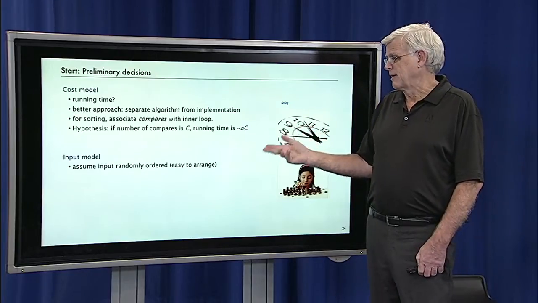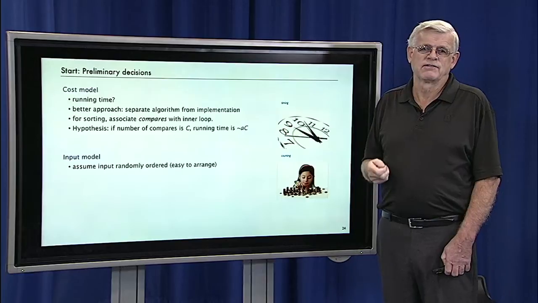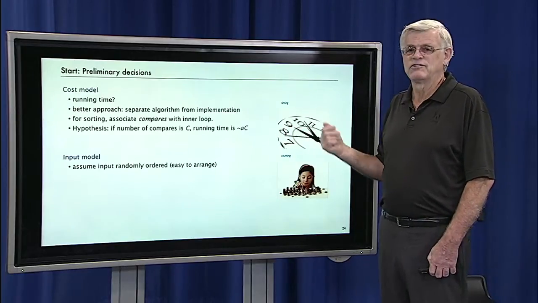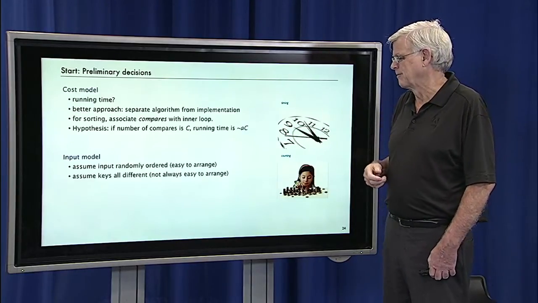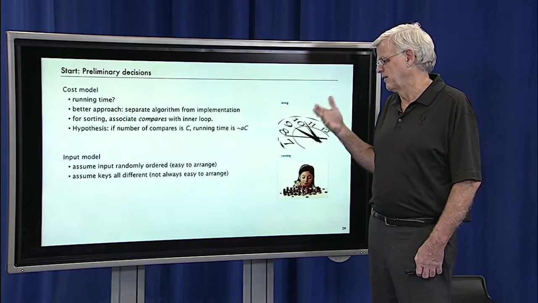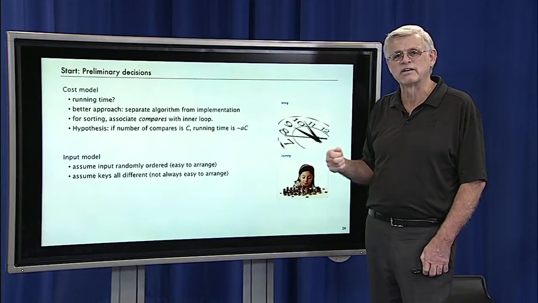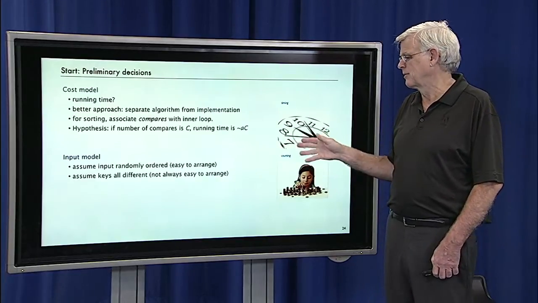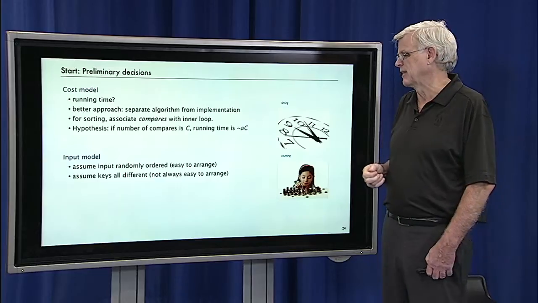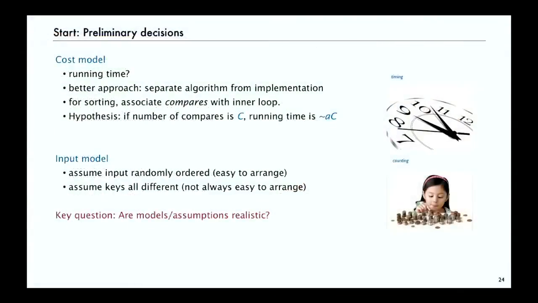So the input model: we're going to assume the input to be randomly ordered. And as I mentioned, in the case of sorting algorithms, that's pretty easy to arrange. We just randomly order them. Also, just to make the math simpler, in this first cut, we're going to assume the keys to be all different. That's not always so easy to arrange, and I'll have more to say about that a little later. So it's a key question: are these assumptions realistic?